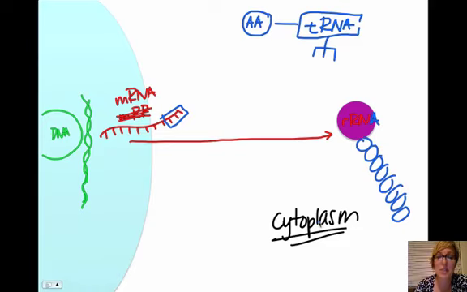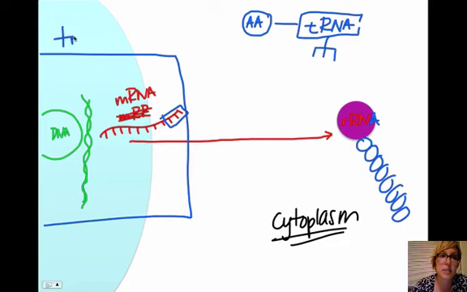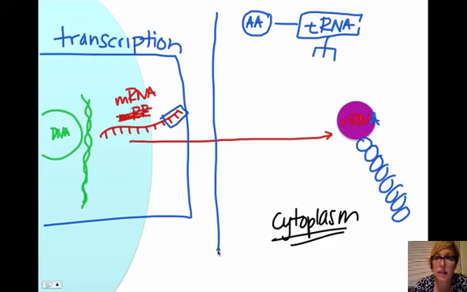However, we are going to go much deeper in our next video, and we're mainly going to be looking at this section right here. This is called transcription. And this process right here that happens in the cytoplasm involving the mRNA, tRNA, and rRNA is called translation.